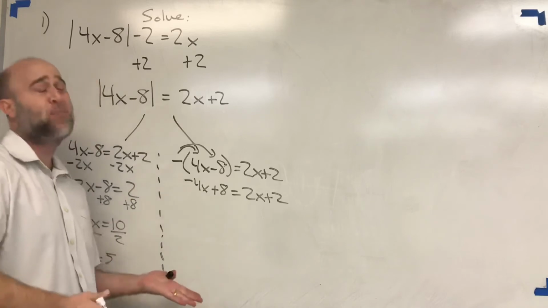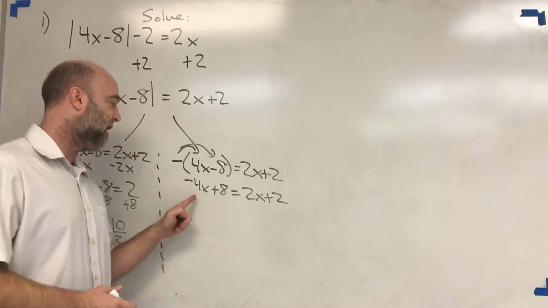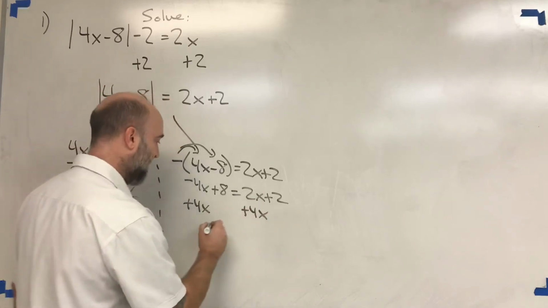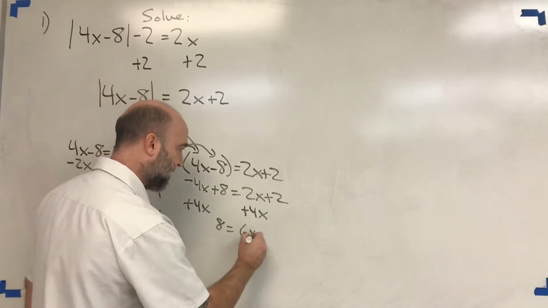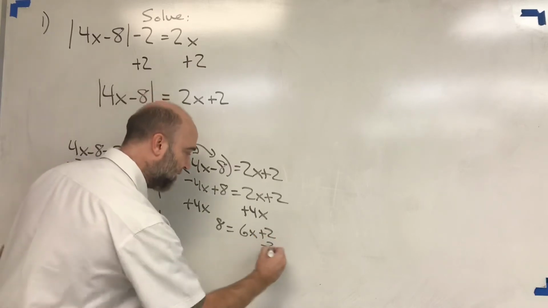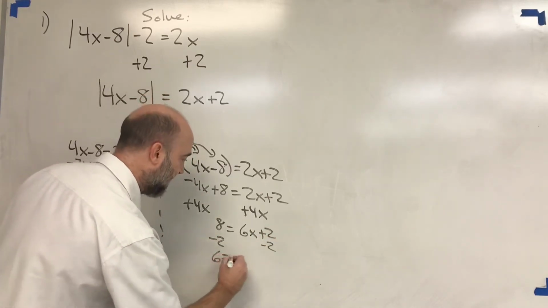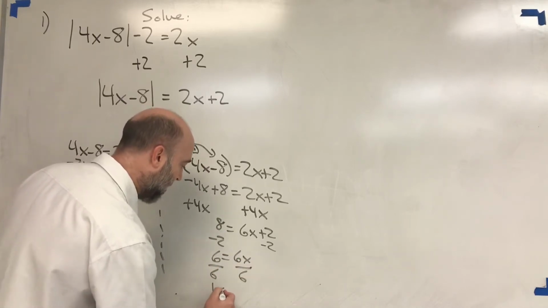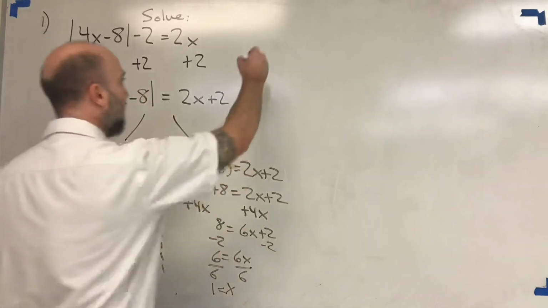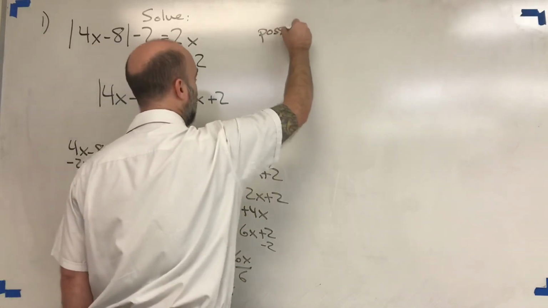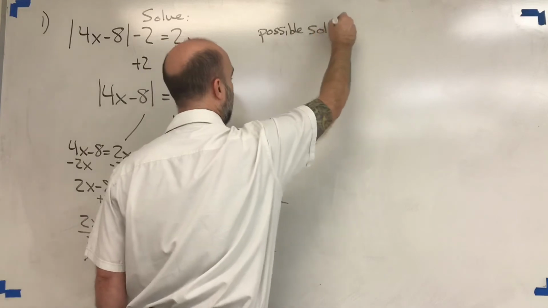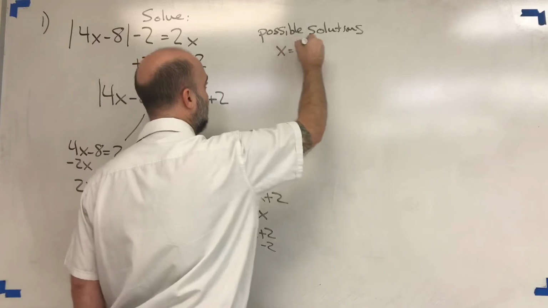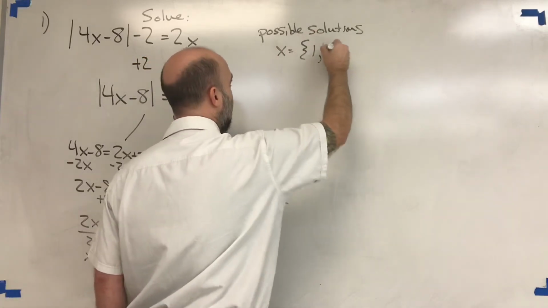I like to keep my x's positive if possible, so I'm actually going to add 4x to both sides. 8 equals 6x plus 2. Minus 2, I'm getting x by itself. 6 equals 6x. Divide by 6. 1 equals x. All right. So the possible solutions are 1 and 5. X is equal to the possibility of 1 and 5.